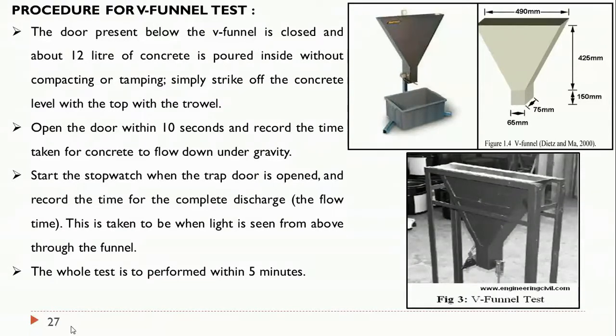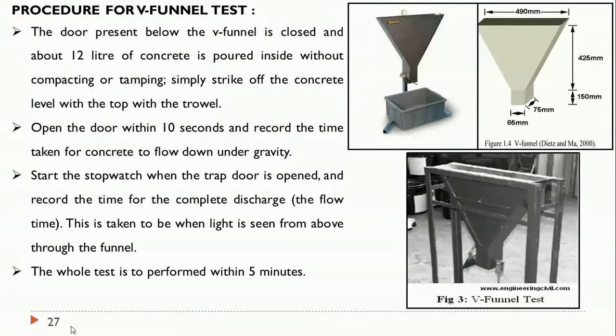You can see at the bottom of the V funnel there is a door. Once the concrete is filled inside the V funnel, we open the door. Once the door is open, the concrete in the funnel will fall into the pan at the bottom, so we can measure its flow time.